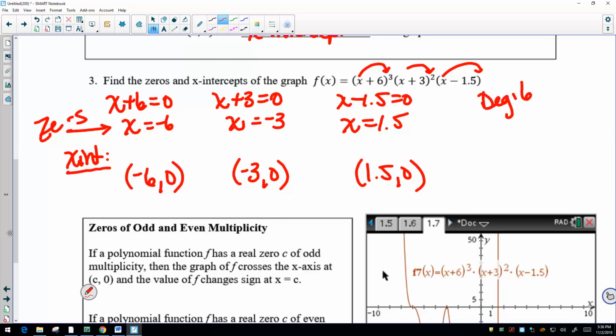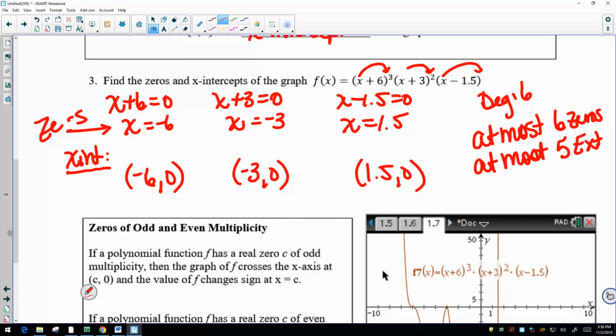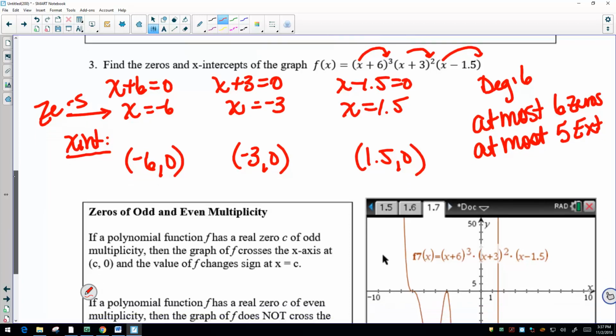So that could tell me I would have at most 6 zeros. Well, we only found 3. And I could have at most 5 max midpoints. Okay, and the graph below shows us what this function actually looks like.